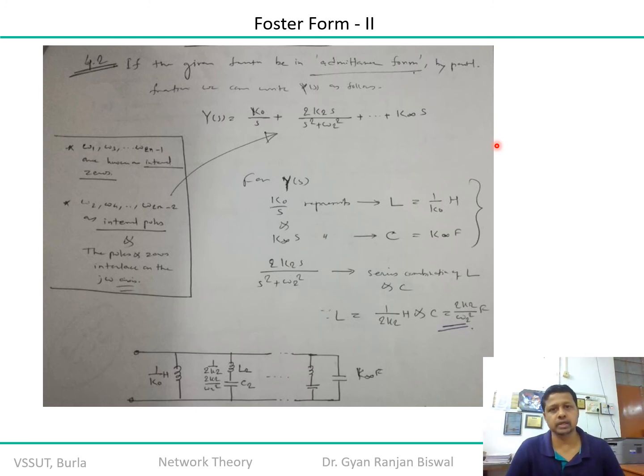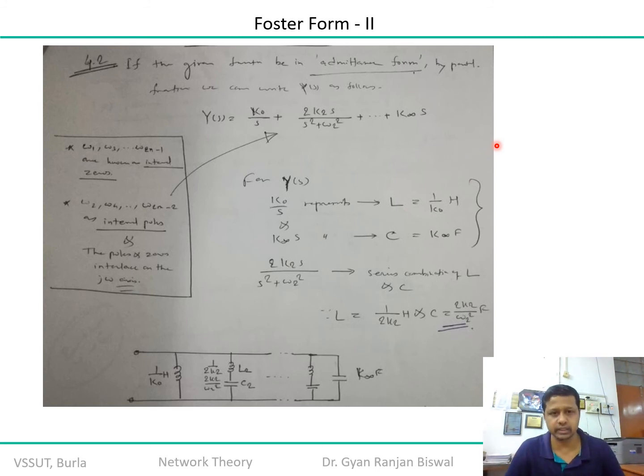Similarly, at infinity you got a capacitance, sorry, it was the inductance in case of Foster form 1. So here you get K∞s. The s in the numerator represents the capacitance as far as the admittance function is concerned. So it represents a capacitance of K∞ Farad, which is the dual of the impedance function.